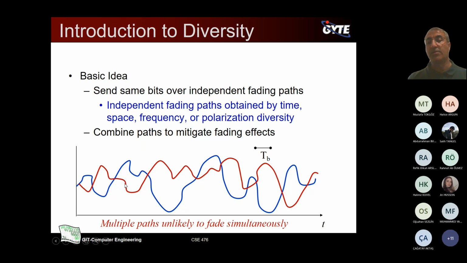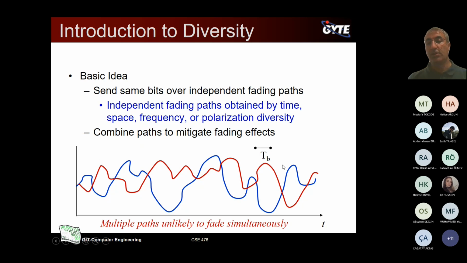As you see, we are creating diversity so that multiple paths are unlikely to fade simultaneously. For instance, if the blue one is faded, within this time the red path can survive.